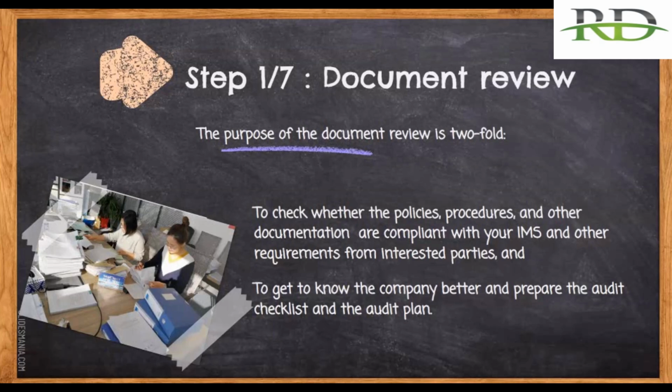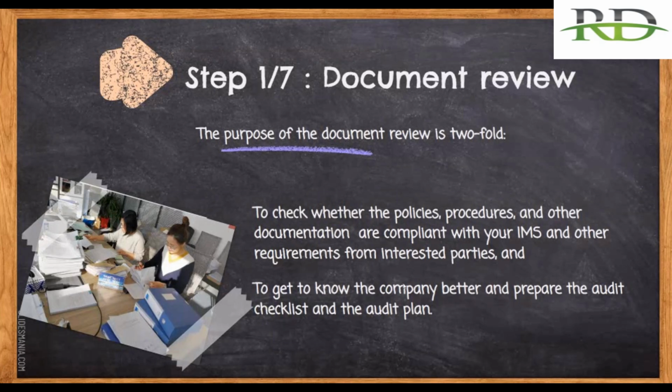There is no such thing as an audit plan or audit checklist that is prepared beforehand. It is determined after reviewing documented information, because then we understand the inputs in that particular integrated management system. Different inputs, different objectives, different organizations need a different checklist and a different audit plan.